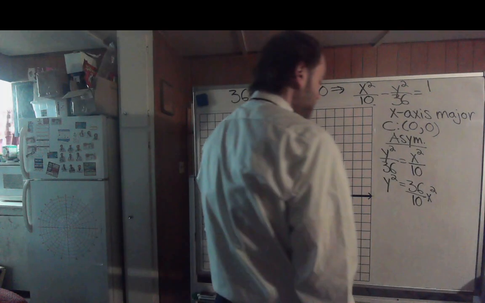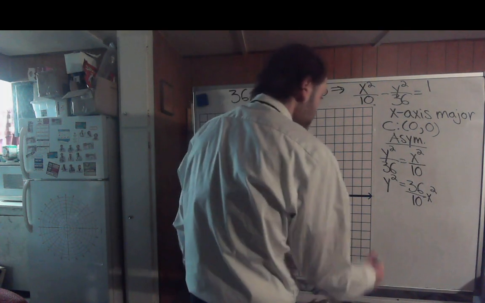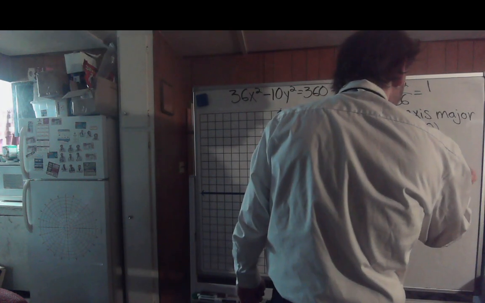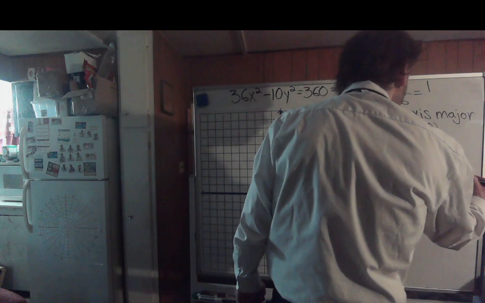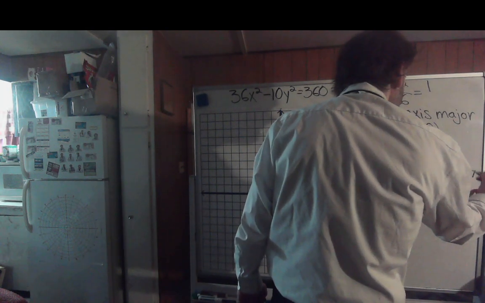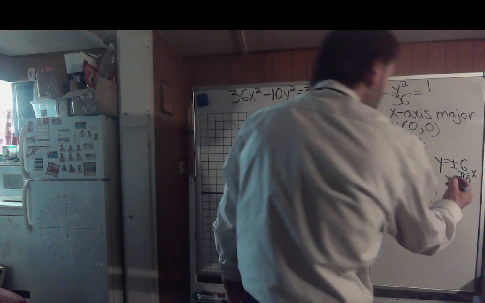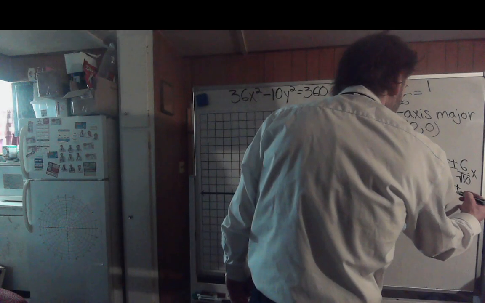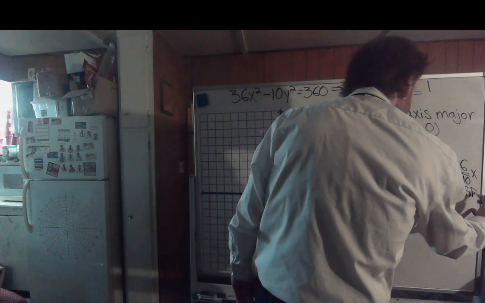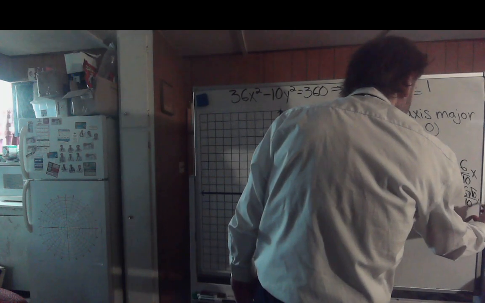Wow, this is going to be a fun one. So you would get y tentatively equals plus and minus 6 over the square root of 10 x, which would equal plus and minus 6 times the square root of 10 over 10 x.